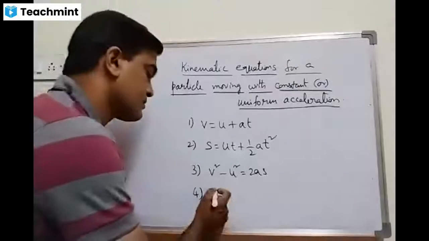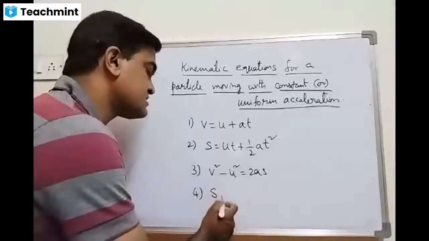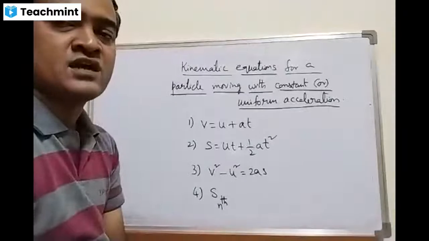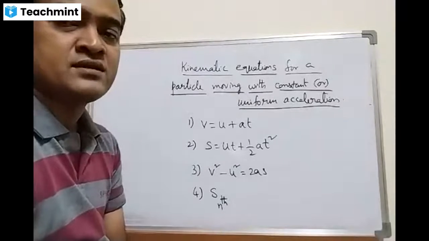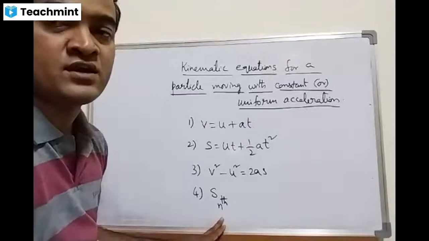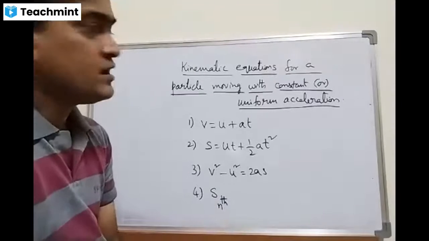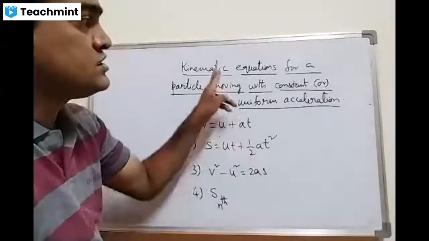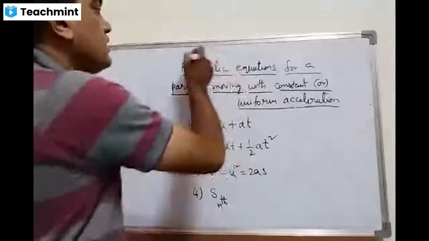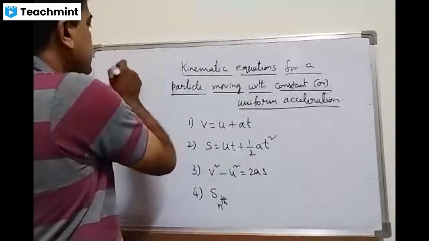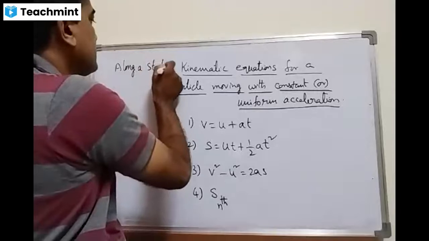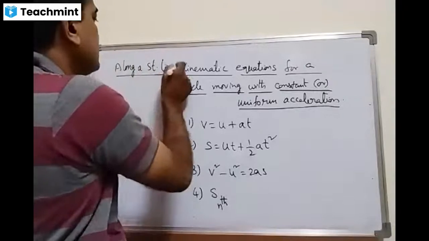Fourth one is Sn, meaning distance covered by a particle in nth second along a straight line. I am talking about these equations along a straight line only. Why?